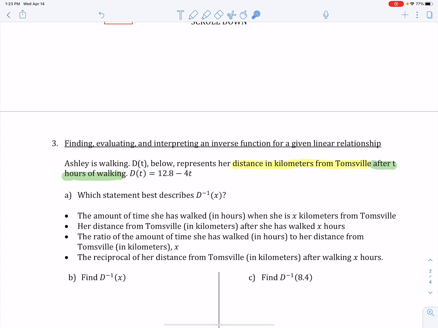Okay, well, if this was distance in kilometers from Tomsville after a certain amount of hours of walking, then our choice and our answer is the amount of time she has walked in hours, okay, when she is x kilometers from Tomsville.